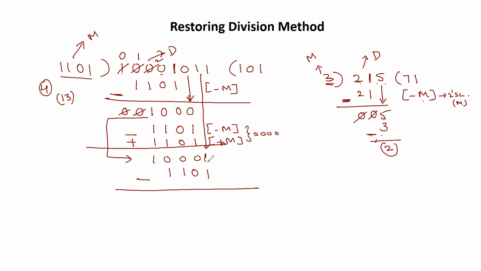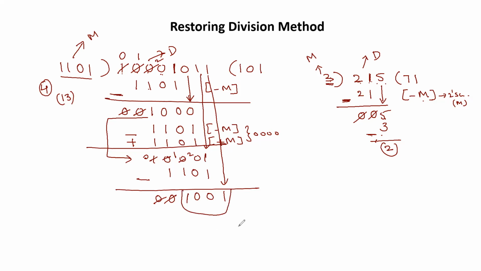Again subtract. 1 minus 1 is 0, 0. Again it is 2, 1. It is 1, 0. This is also 0, 1. These two we can skip. Now the next bit is taken directly, giving 1, 1, 0, 0, 1. Here again the same procedure applies, but no further bits are there in the dividend, so we can stop the process.